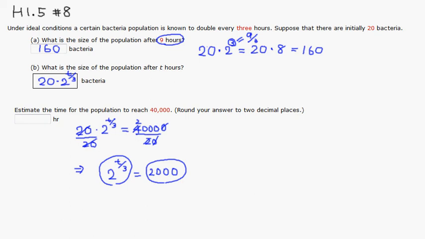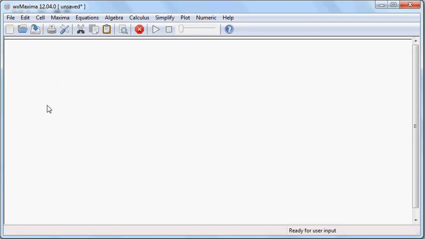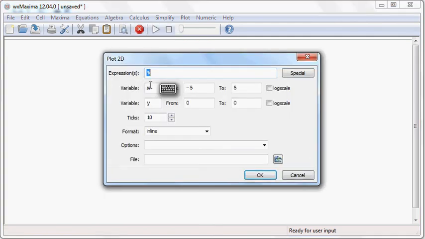So I'm going to bring up Maxima, go to plot, plot 2D. We want to see 2 to the t over 3, that's the left hand side, and the right hand side is 2000.